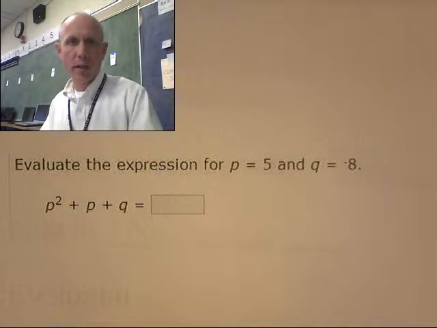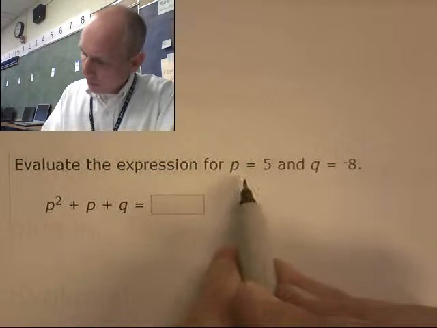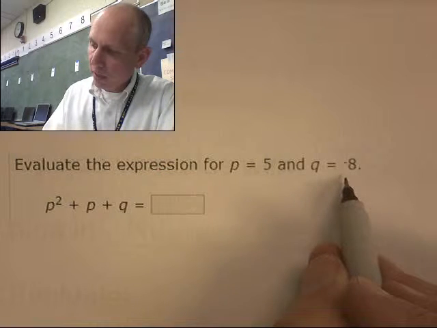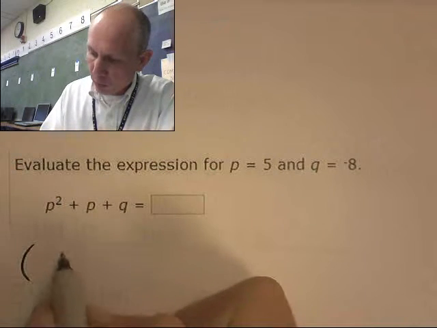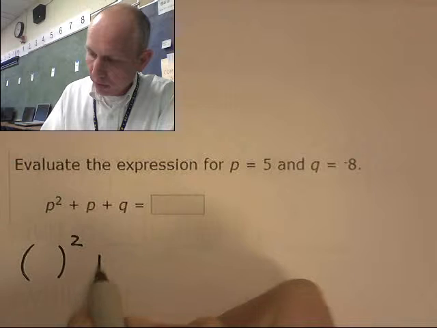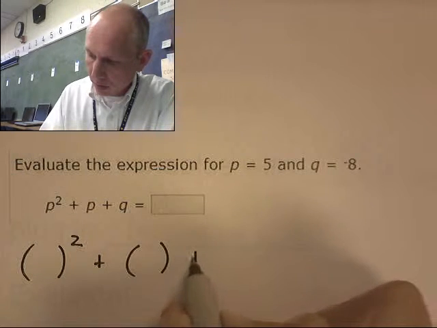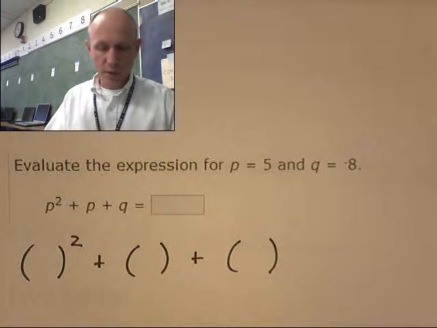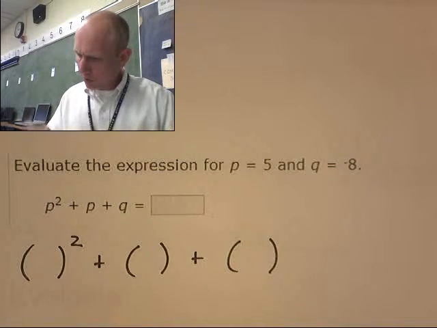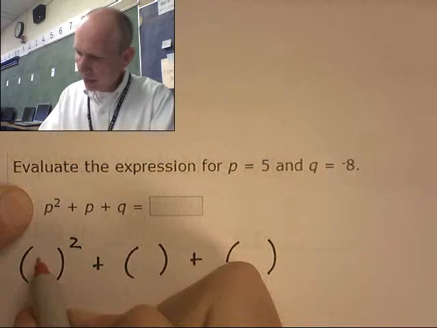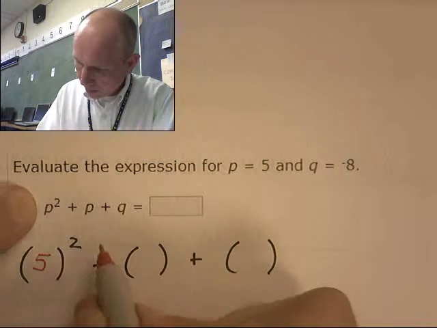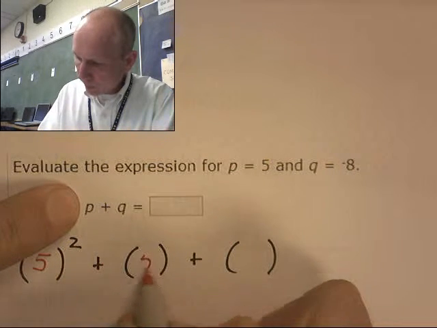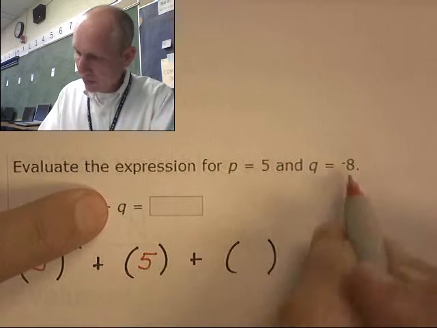And our final one. Evaluate for p equals 5 and q equals -8. I'm going to remove the variables. Going to plug in the values. So p is 5. P is 5.